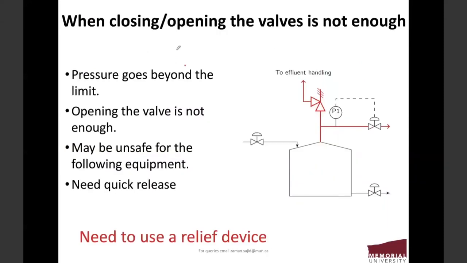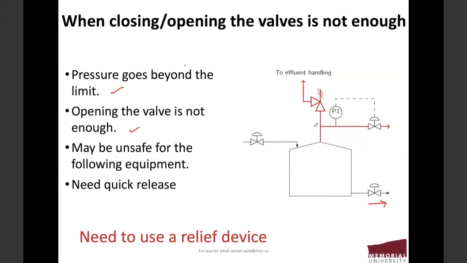Now, when closing and opening of the valve is not enough, so the pressure goes beyond the limit, opening the valve may be unsafe for the following equipment and we need a quick release. So this is my system that we were referring to before. We have the input valve here and we have the output of the water flow. Let's say our safety instrumented system is not able to control the action.